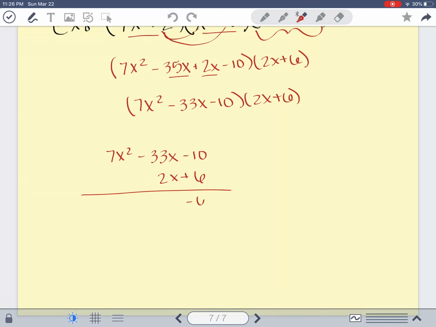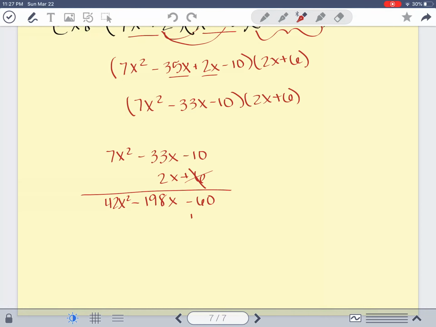Alright, so 6 times negative 10, negative 60. If I do 6 times 33, let me just confirm this. Yep. If I do 6 times negative 33, I get a negative 198x. And then 6 times 7x squared, I would get a positive 42x squared. Done with my 6.